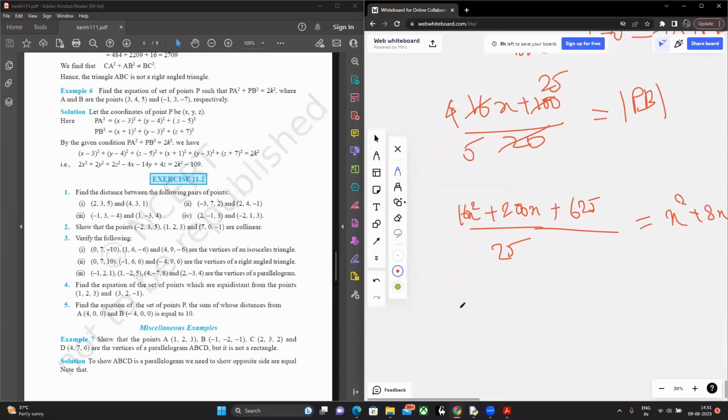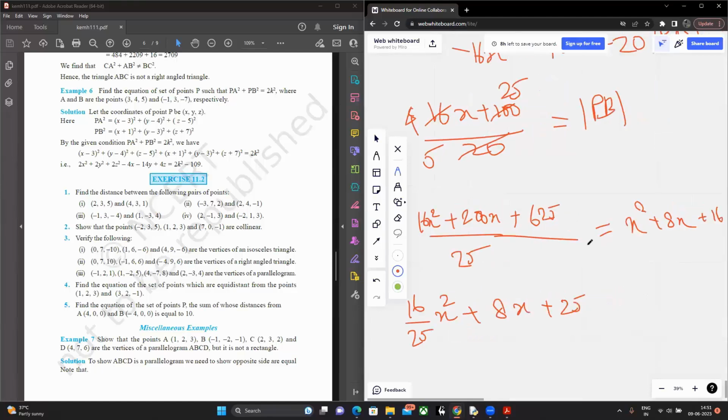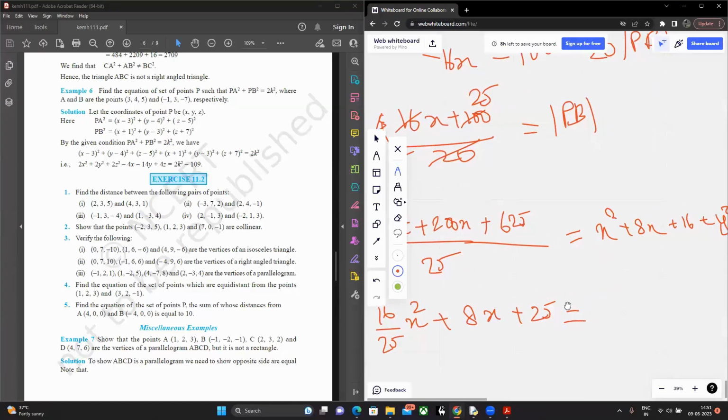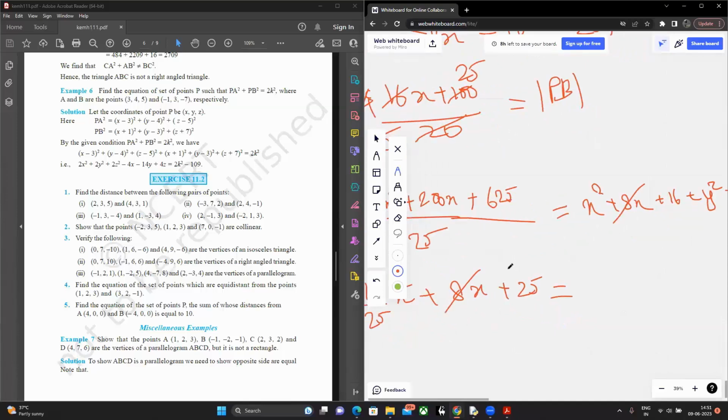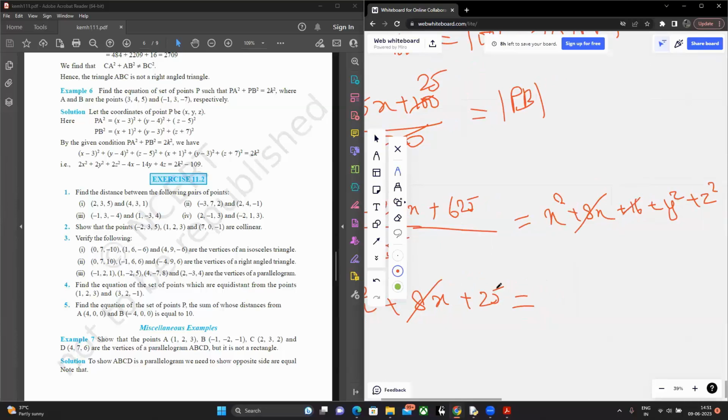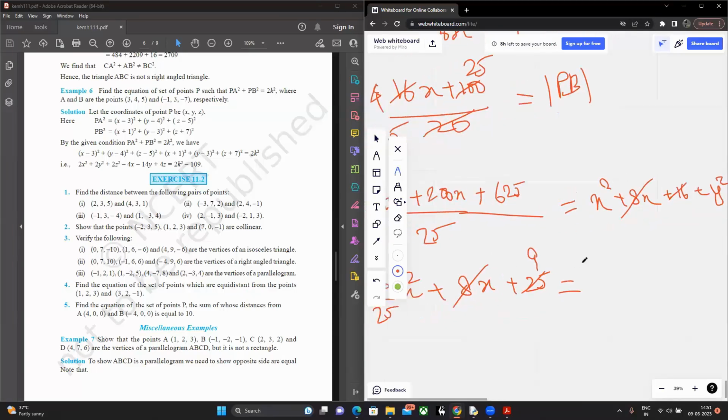So just spreading all this, you get 16 by 25x squared plus 8x plus 25, which is equal to x squared plus 8x plus 16 plus y squared plus z squared, right? This 8x cancels out, right? This 16 goes over here and you get a remainder of 9, right?